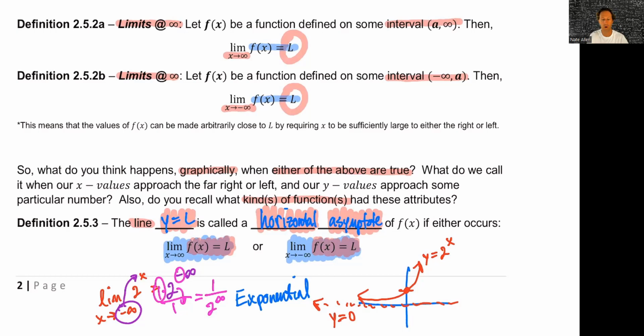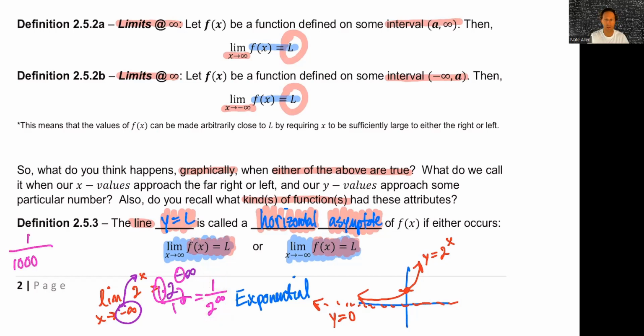And what is 1 over 2 to the infinity? 2 times 2 is 4, times 2 is 8, 16, 32, 64, 128, 256. You see, it's doubling every time. And if we have to do that an infinite amount of times, what happens to that number in the denominator? Well, it gets really large. And that's the symbol we use for really large. And what happens when we have 1 over a really, really, really big number?